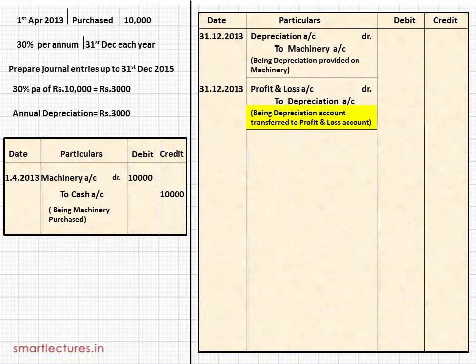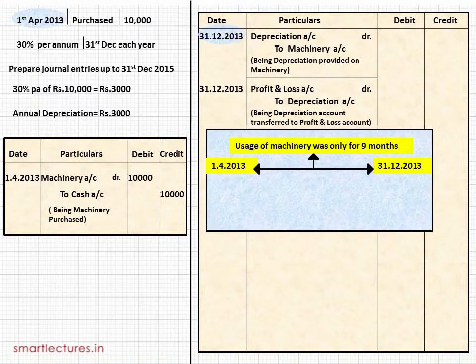Now, depreciation to machinery. If you look at the question carefully, the machinery was purchased on 1st April 2013 and today is the closing, and the date is 31st December 2013. It means the usage of the machinery during this year was 9 months.